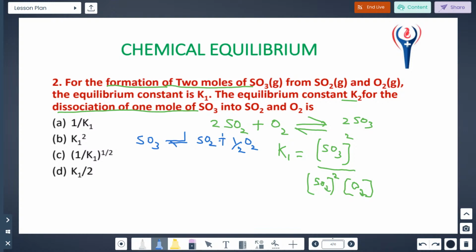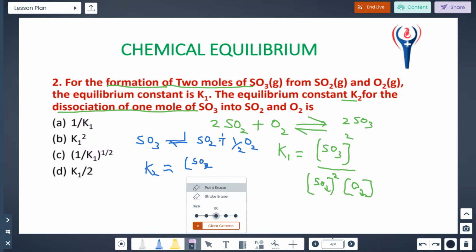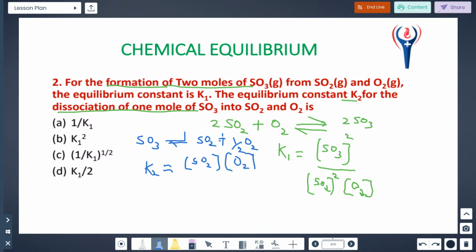Then this equilibrium constant we consider as K2. K2 is product by reactant. The product here is the concentration of SO2 into concentration of O2 power 1 by 2, divided by concentration of SO3.